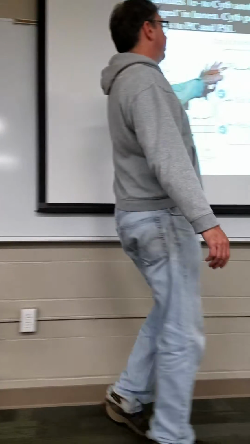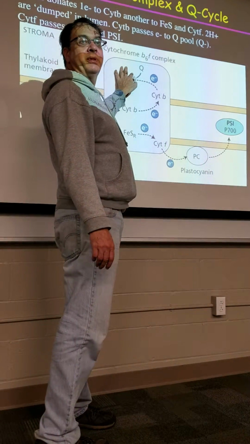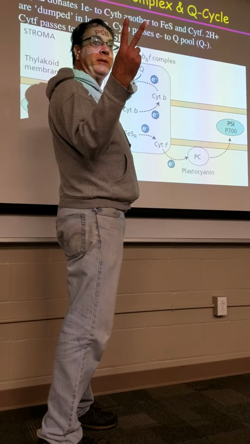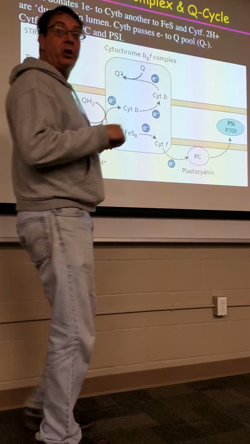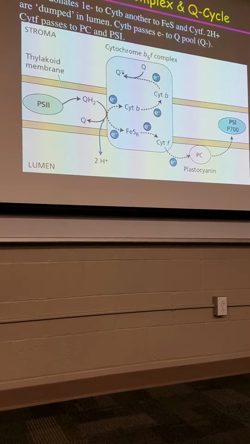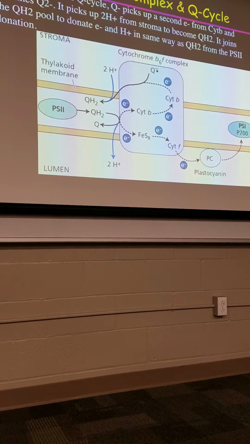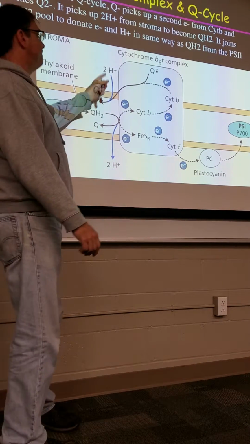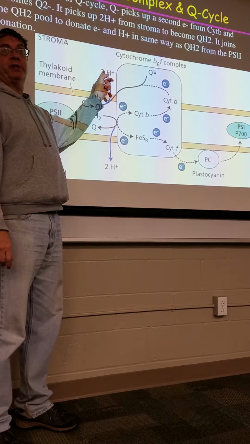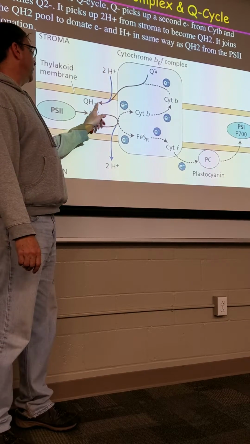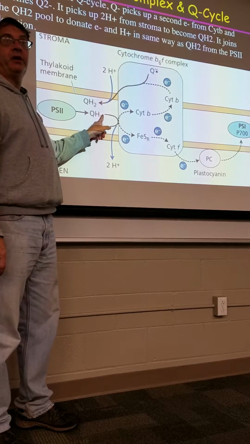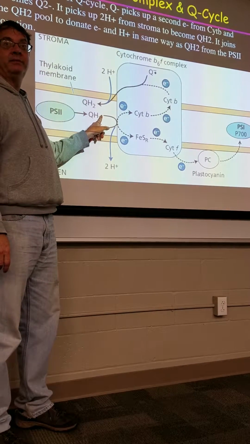The semiquinone will stay here until it receives a second electron, and then it departs. What do you suppose it does when it departs? Guess what? Picks up 2 more protons. We've got QH2, and this can funnel into the cycle again.